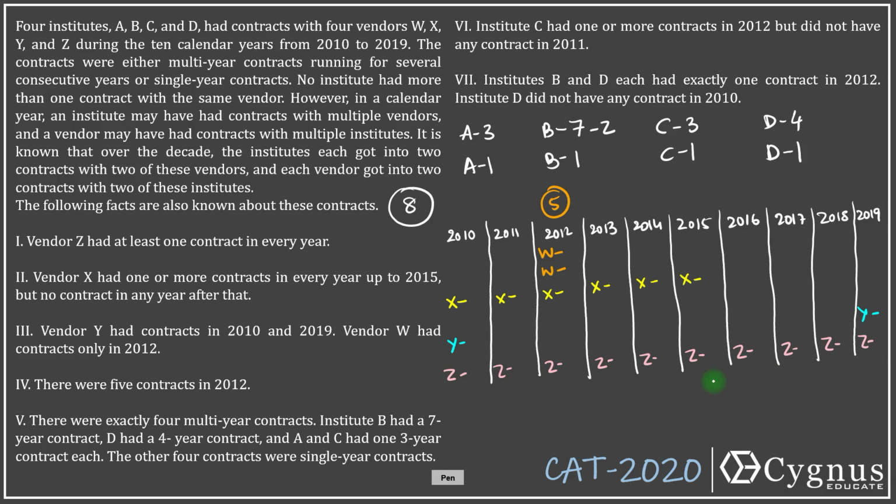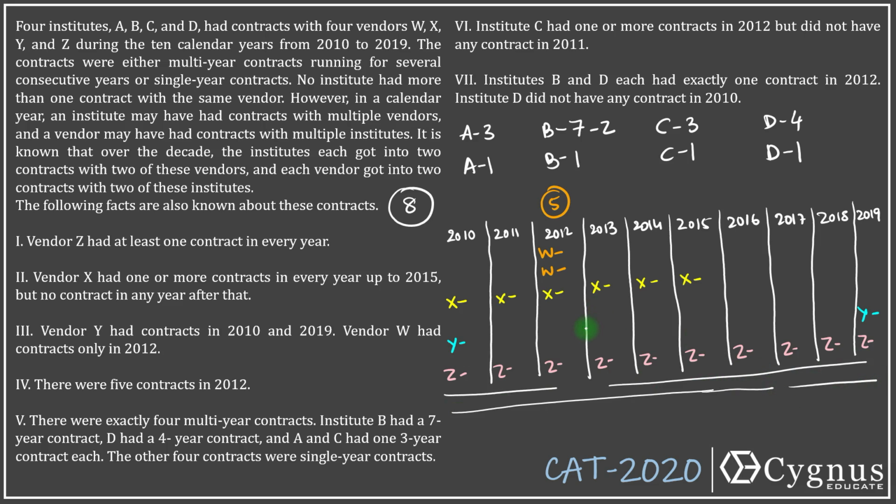So that means Z must not have got the 7 and a 4-year contract. Z must have got a 7-year contract and a 3-year contract. So either it will be like this 3 years, 7 years, or it will be like this 7 years, 3 years.